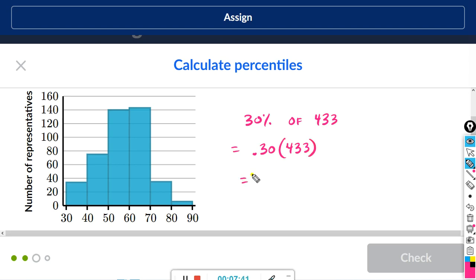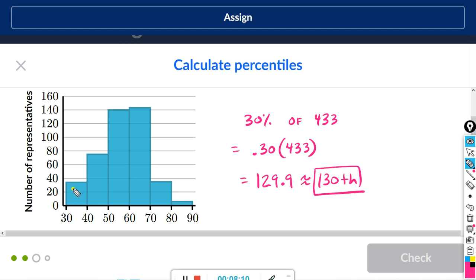If I do that on the calculator, I get 129.9. So that's approximately 130. So we want the 130th member starting from the left.